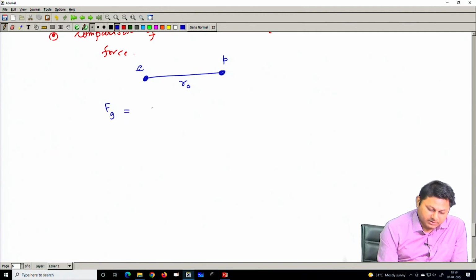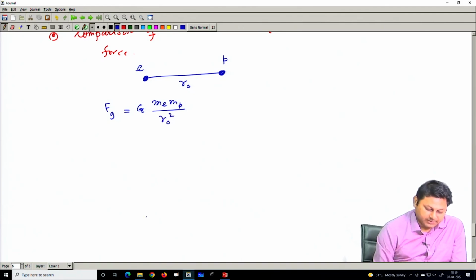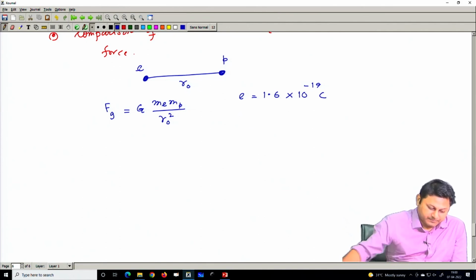is simply, if I want to calculate the magnitude only, because both have the same vectorial form, G Me Mp divided by r0 square, right, where the charge of the electron, I should write it here somewhere, 1.6 into 10 to the power minus 19 coulomb, and Me is the mass of the electron and Mp is the mass of the proton.